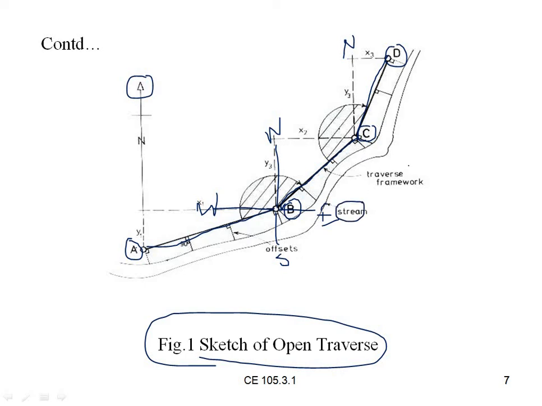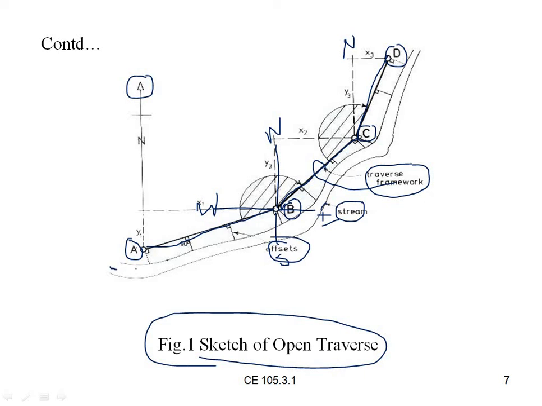This is called the traverse framework, and these are called offsets.